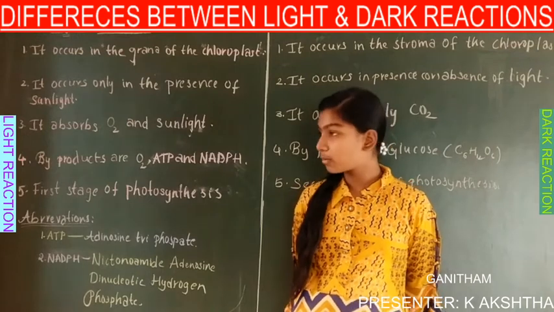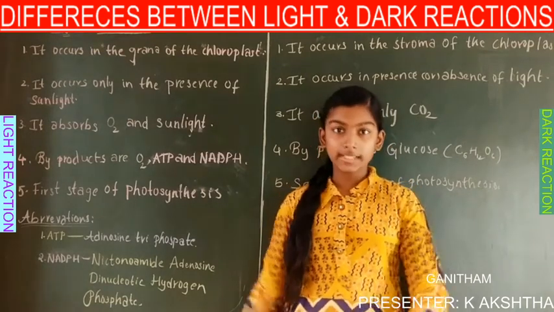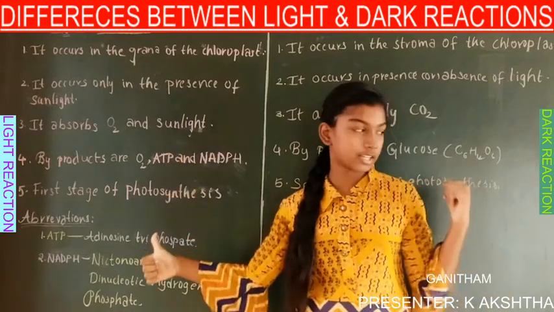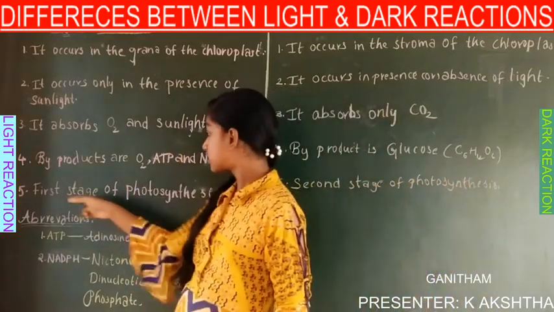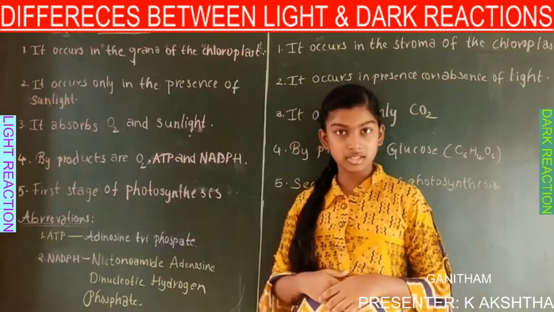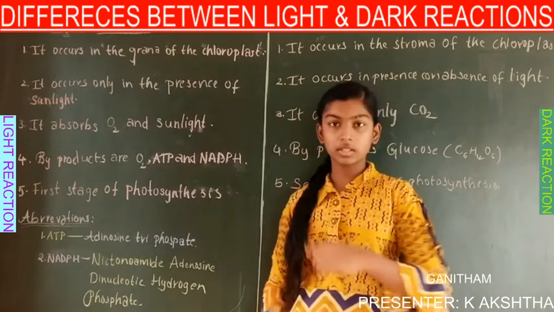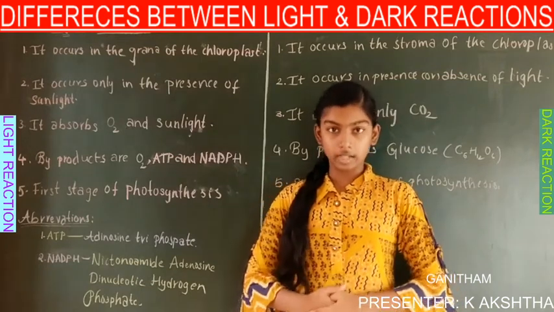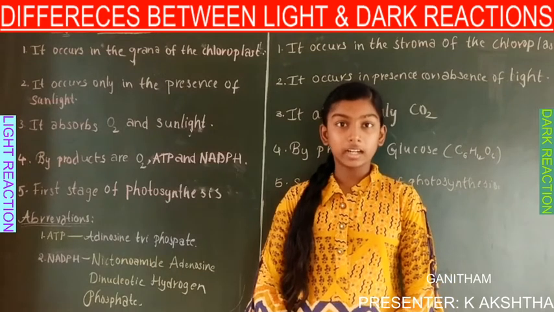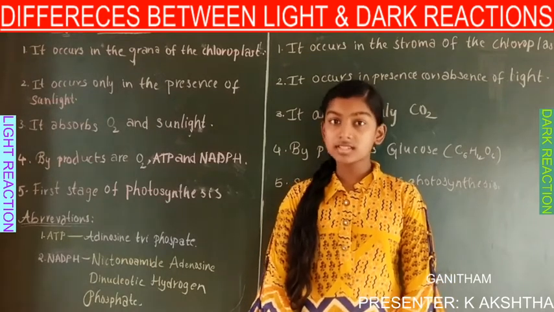This was the first stage of photosynthesis, and the dark reaction is the second stage. Once again, let us see all the points. It occurs in the grana of the chloroplast. It occurs only in the presence of sunlight. It absorbs oxygen and sunlight.